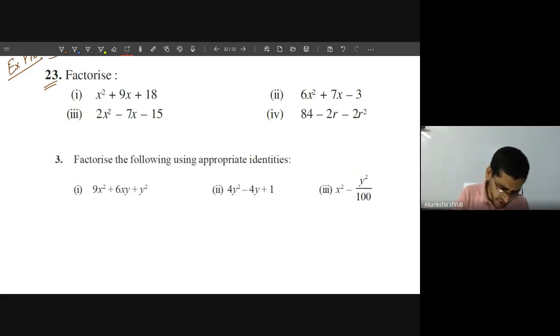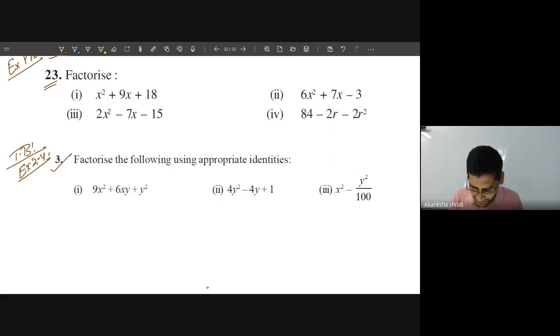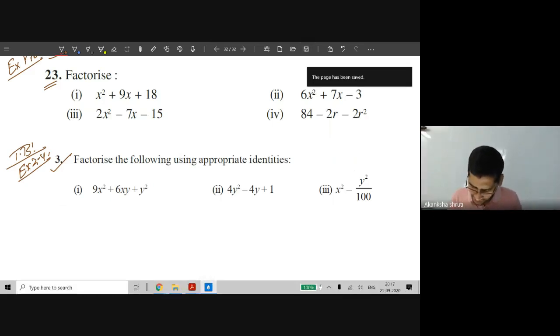It is our textbook exercise 2.4, question number 3. Please do it. It becomes 3x plus y whole square. So these are easy questions that you have to do.